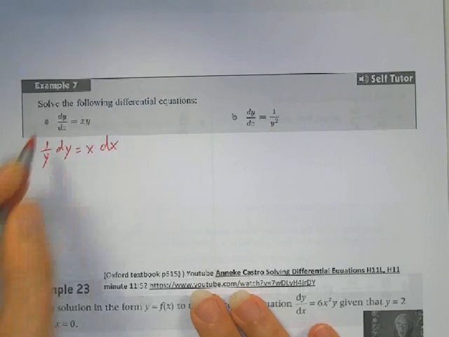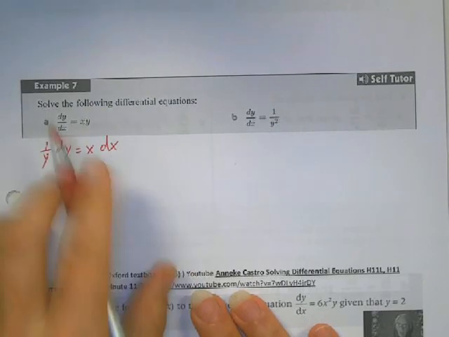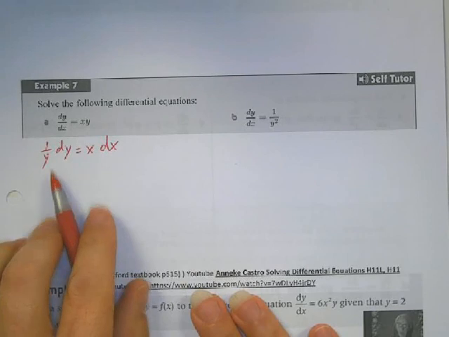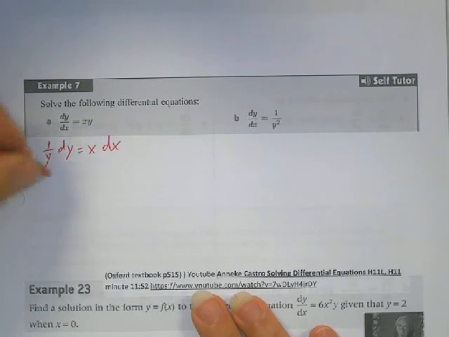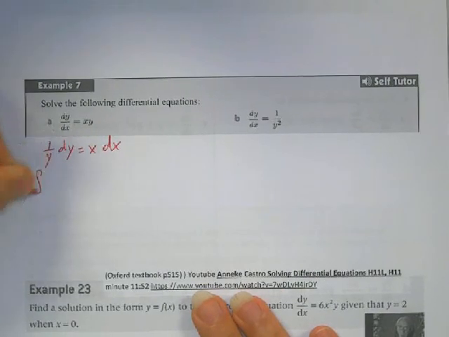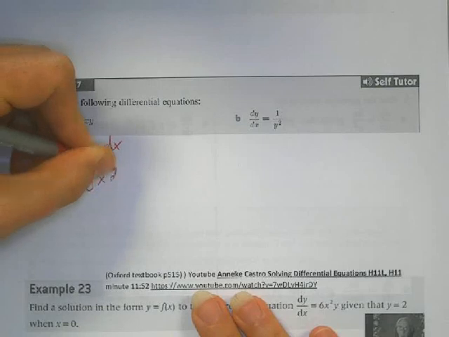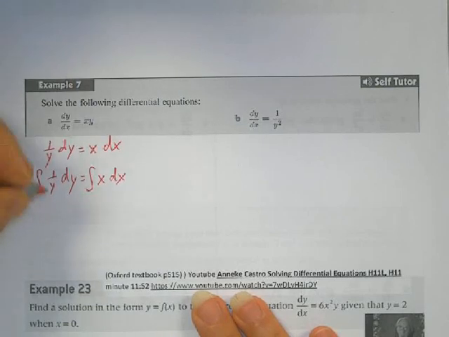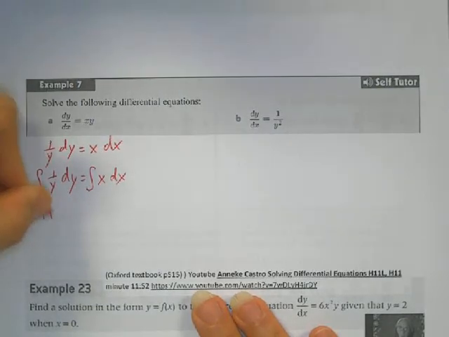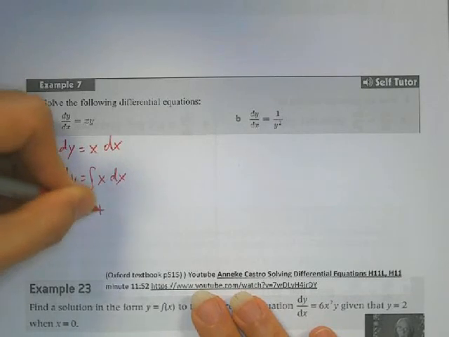If I multiply both sides by dx, I get that over here. If I divide both sides by y, I get this here. And now I'm going to take the integral of both sides. And then I get natural log of y equals 1/2 x squared plus c.